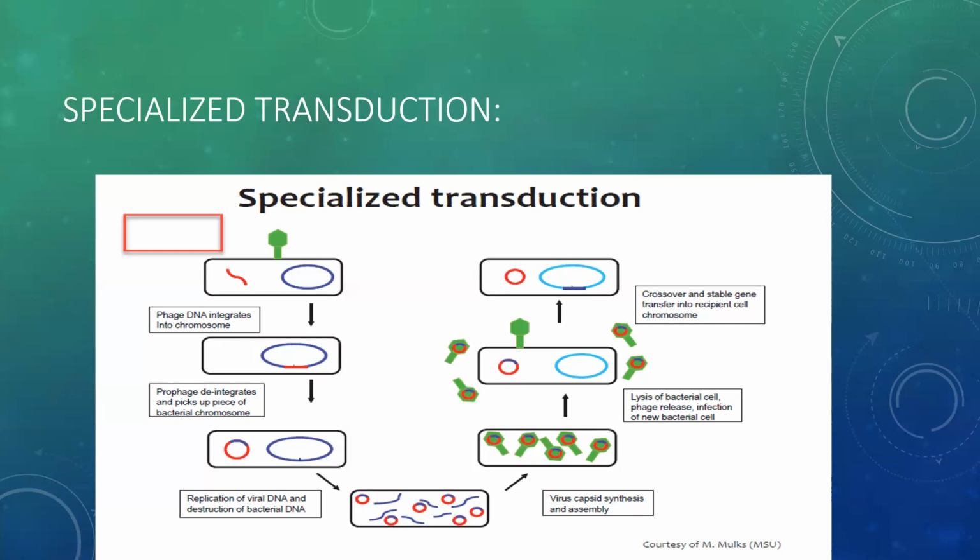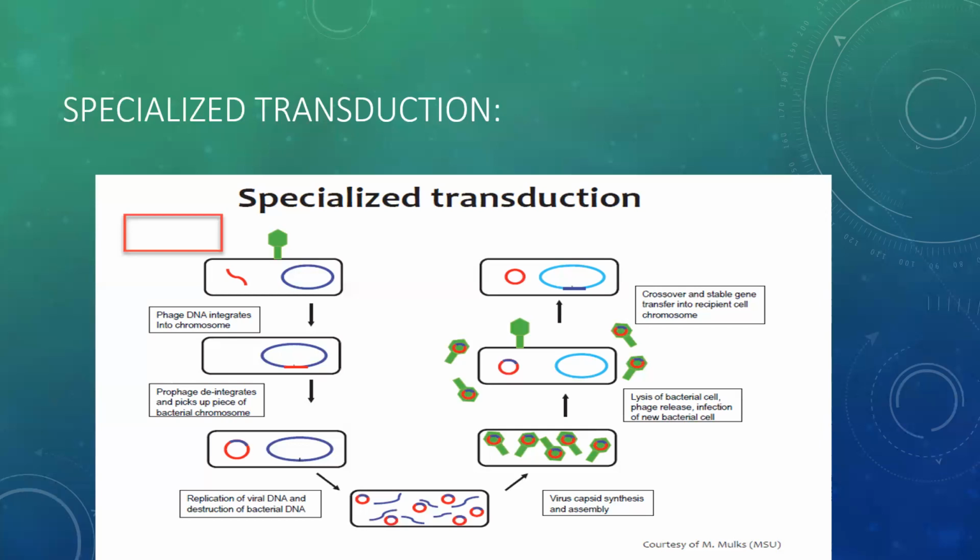When the bacterial cell contains lambda phage, this lambda phage induces the lysogeny to enter into the lytic cycle, and the genes of the phage from the loop are excised from the bacterial genome.